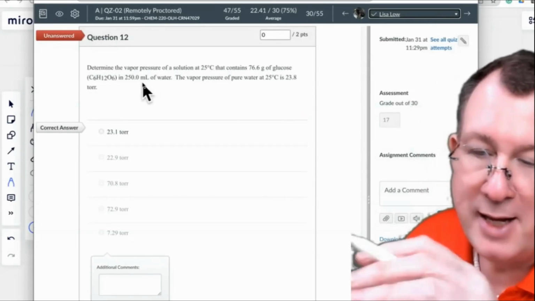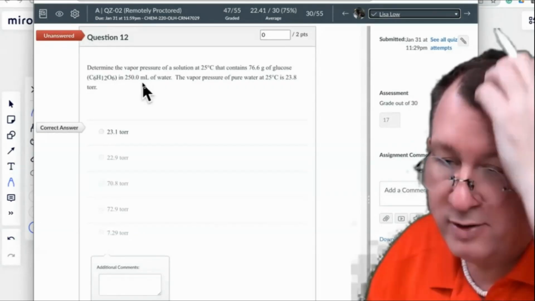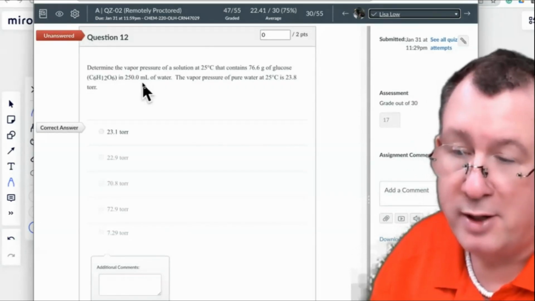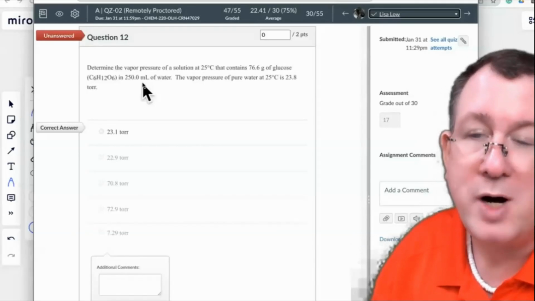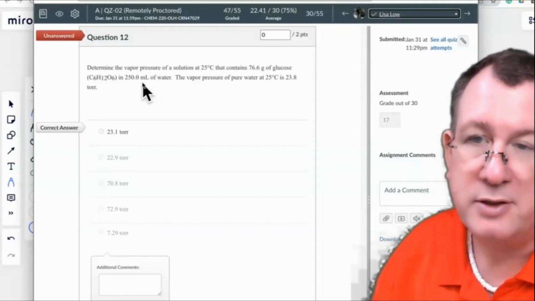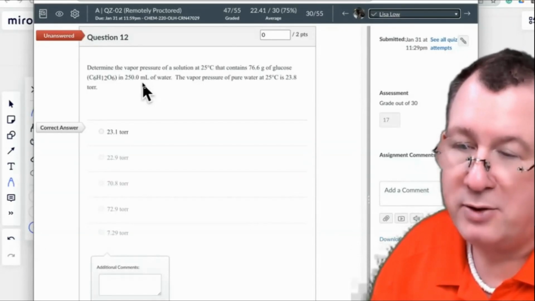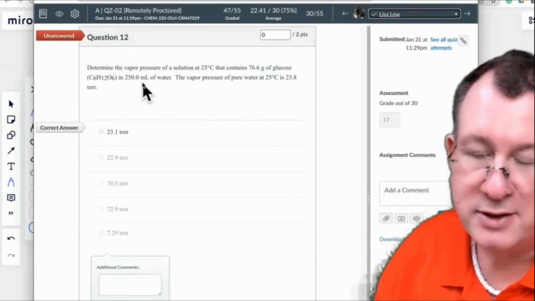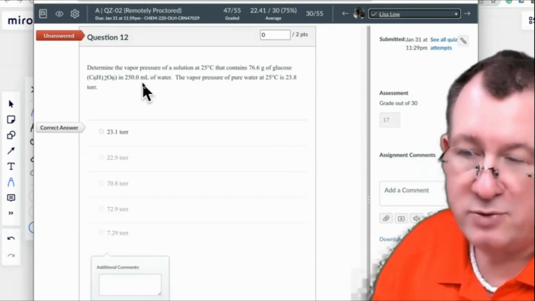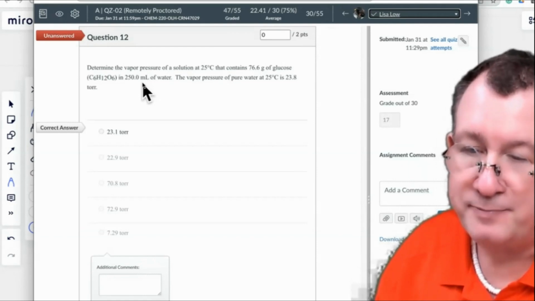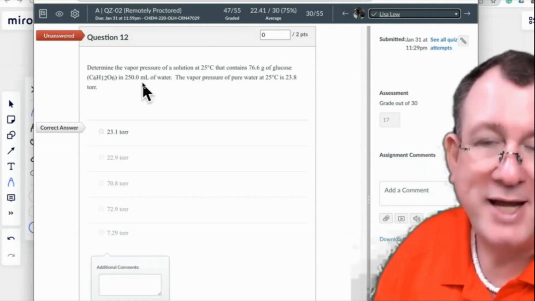Okay, so 250 mL of water is 250 grams of water, because remember, water has a density of 1. That's literally the zero point in our density scale, at least at 25 degrees Celsius. So take the grams of water divided by 18.02.